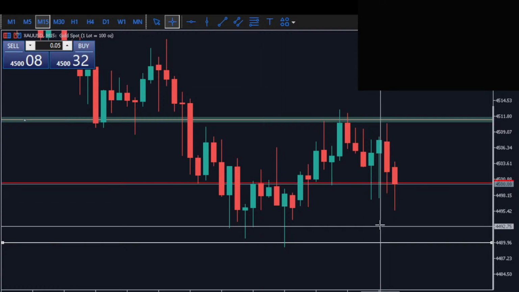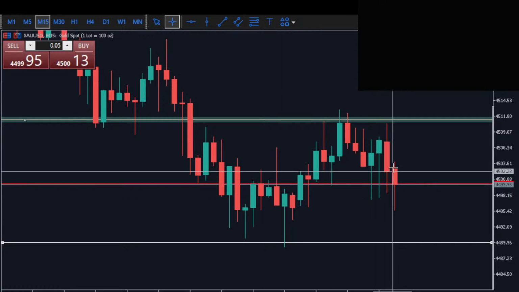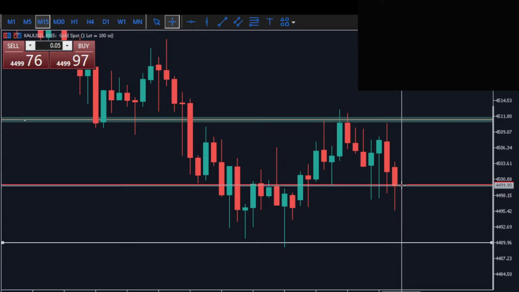And how many times has the market pushed above and down? The buyers are trying to take over. The sellers are making it go down, but they cannot maintain it down. We wait.